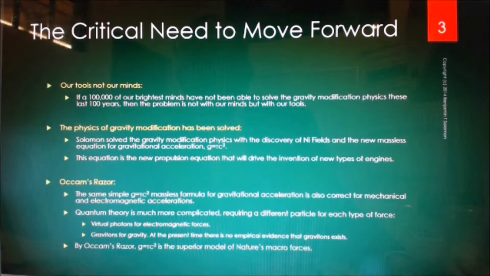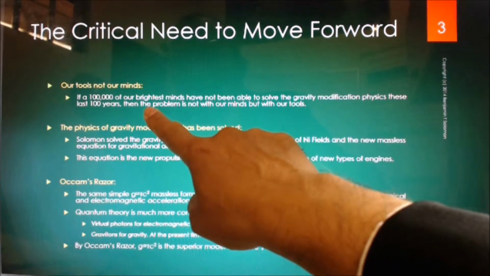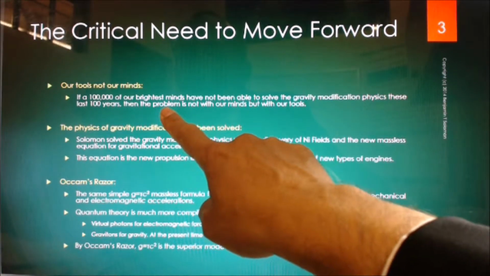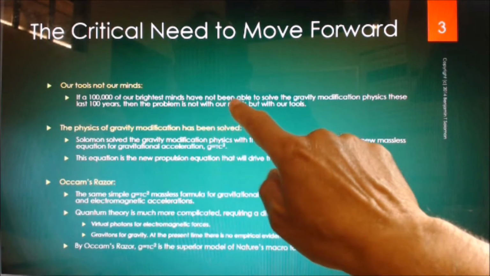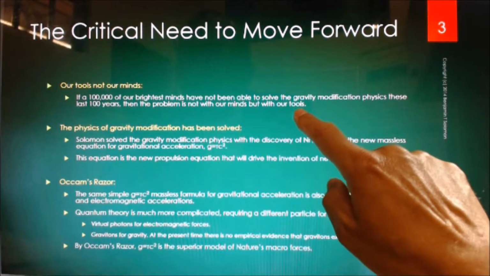Critical need to move forward. Our tools and not our minds are the problem. If 100,000 of our brightest minds have not been able to solve the gravity modification physics in the last 100 years, then the problem is not with our minds, but with our tools.